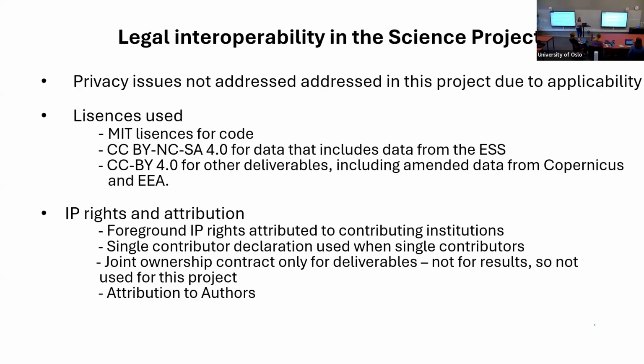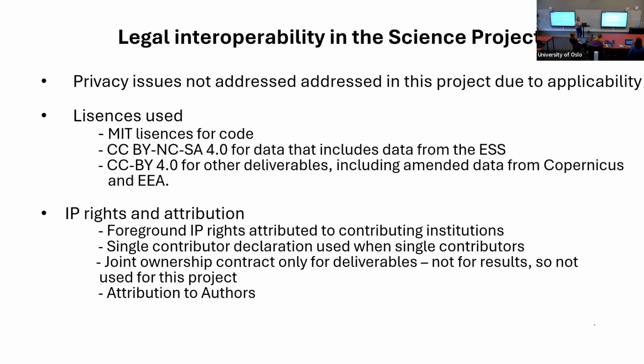So that's very nice. And then we have IP rights and attribution. And that was the foreground, the rights of the project output was attributed to the contributing institution. We had again a discussion about an ownership contract because the social scientists didn't want to have it. For the environmental scientists, it was no problem. They are used to it.